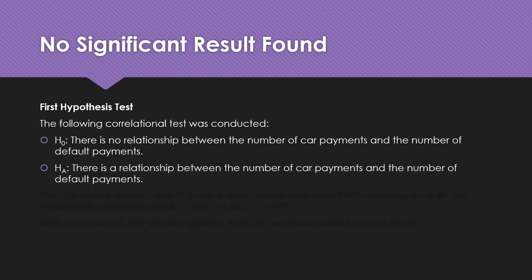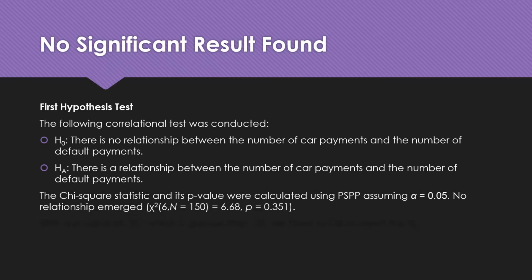Of course, our alternative hypothesis stated there is a relationship between the number of car payments and the number of default payments. The chi-square statistics and its p-value were calculated using PSPP, assuming alpha to be 0.05.